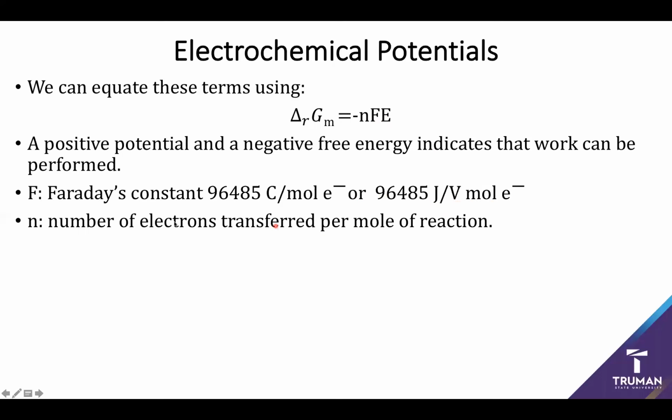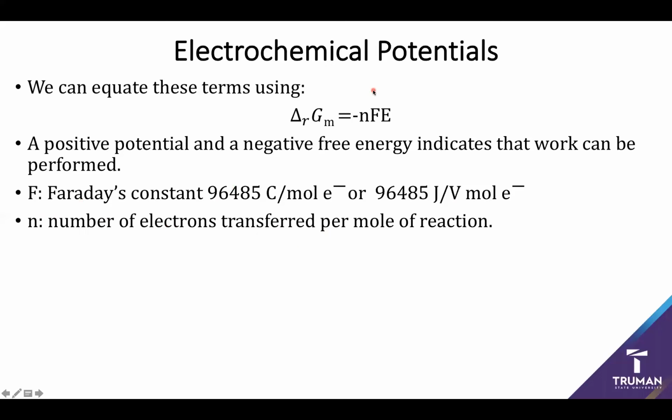We do this through our n factor. One thing I want to emphasize is that n isn't just the number of electrons being transferred. It's the number of electrons being transferred per mole of reaction.